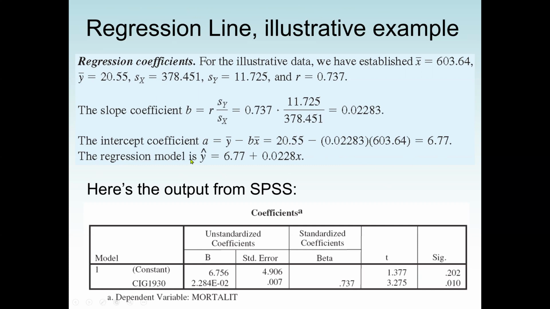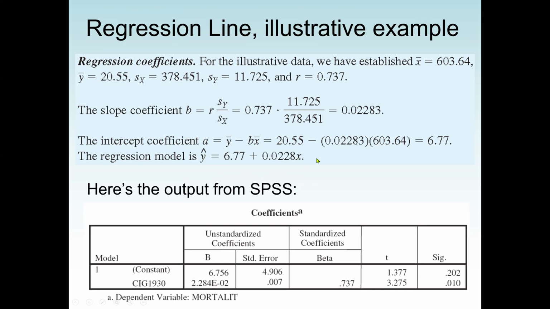So our regression model is 6.77 plus 0.022x. This is a very strong regression model. Any value of X I put here, I can predict Y.